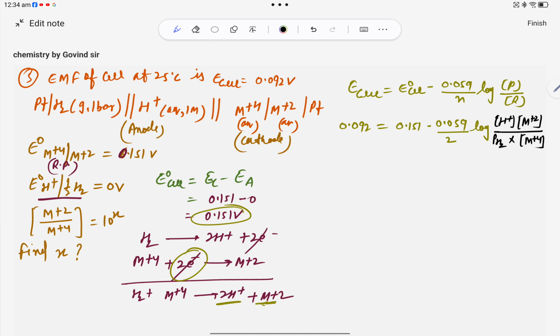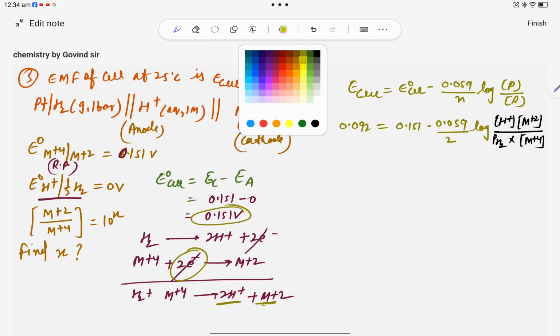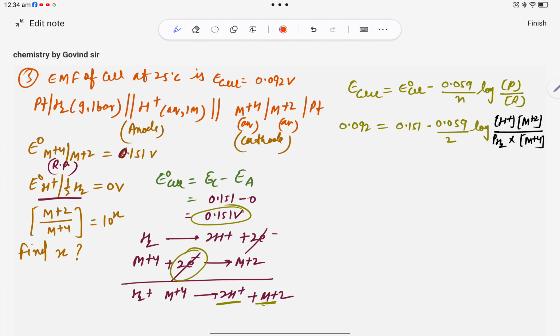But in the question what have they given? This value is 10 to the power x, and here this concentration is 1 and partial pressure also 1. So how will it be?